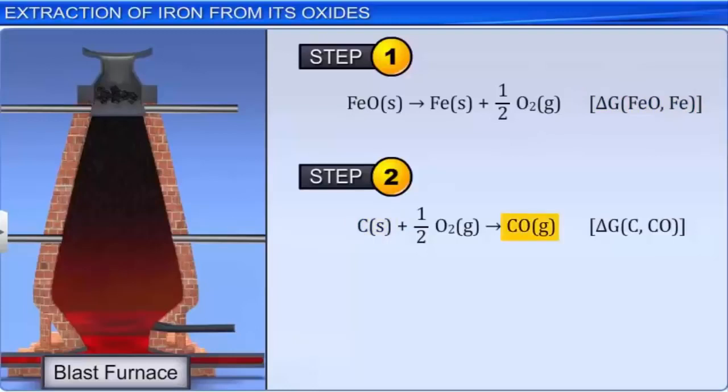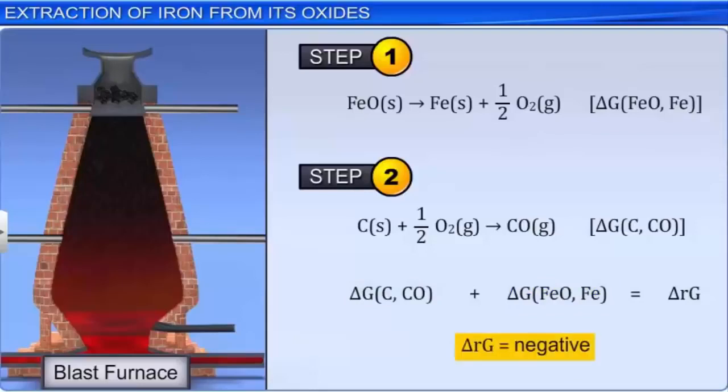Let the change in the Gibbs free energy be delta G CO. When the two reactions occur, the net Gibbs energy change becomes delta G reaction is equal to delta G CO plus delta G FeO,Fe. This becomes spontaneous when delta G reaction is negative.